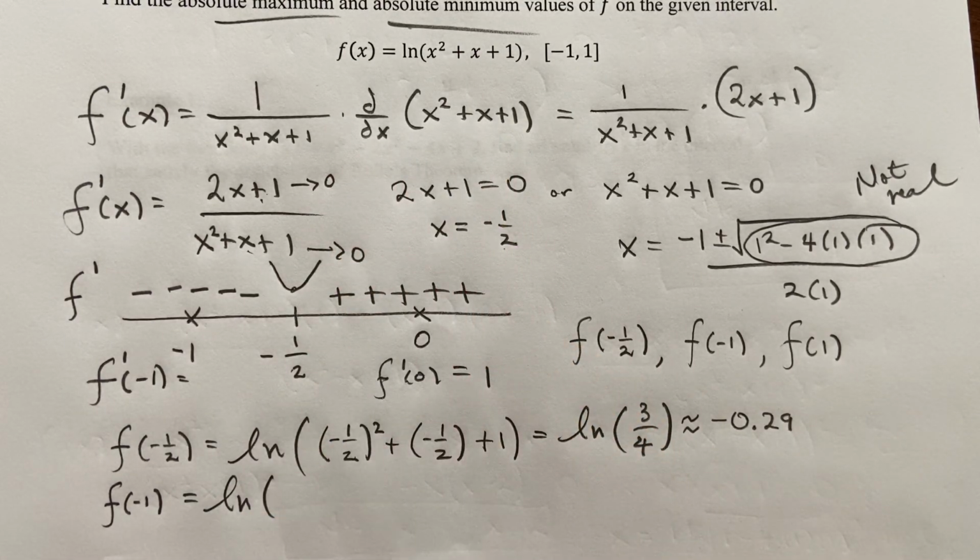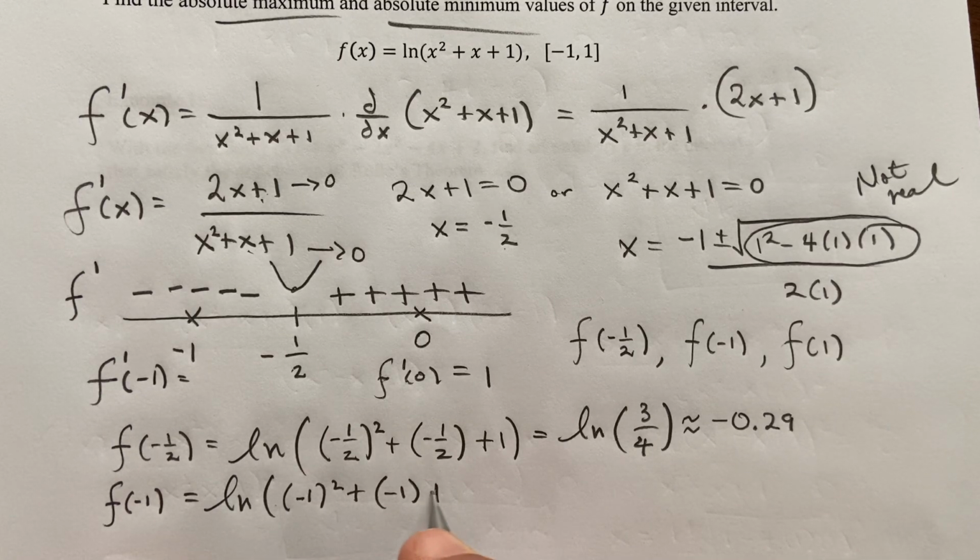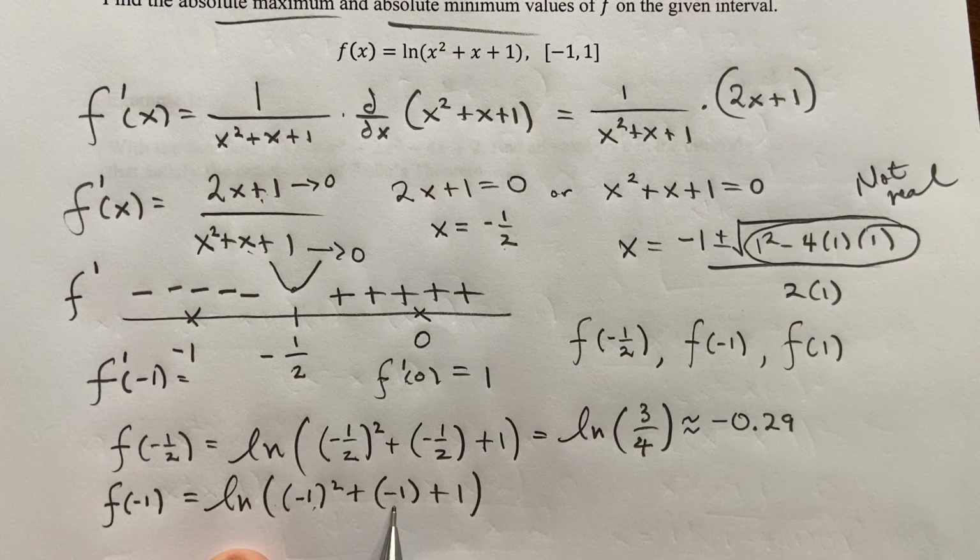We're looking at outputs now, and we want to see which output is the lowest, the absolute min, and which output is the greatest, the absolute max. So negative 1 squared plus negative 1 plus 1. 1 minus 1 is 0 plus 1.